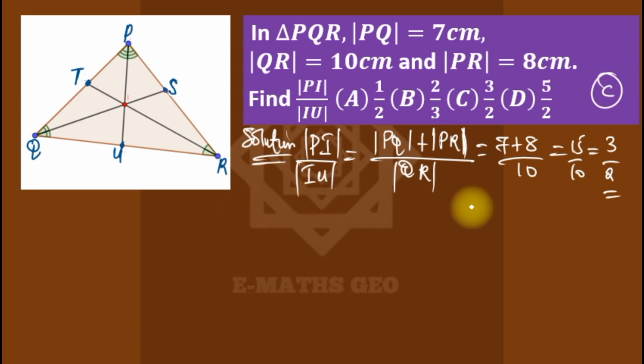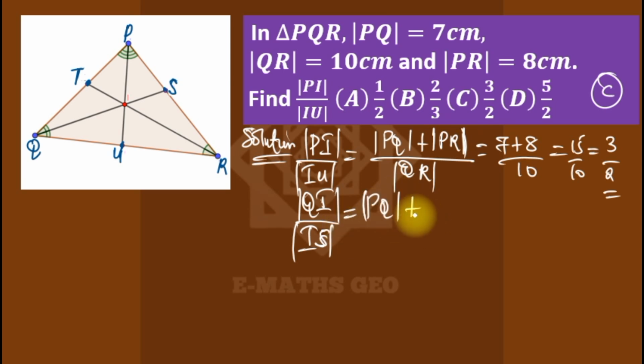So we've gotten the answer. Also, if I'm to get QI to IS, it is the same. You add PQ and, as you can see, we add this side and this side: PQ plus QR over PR.